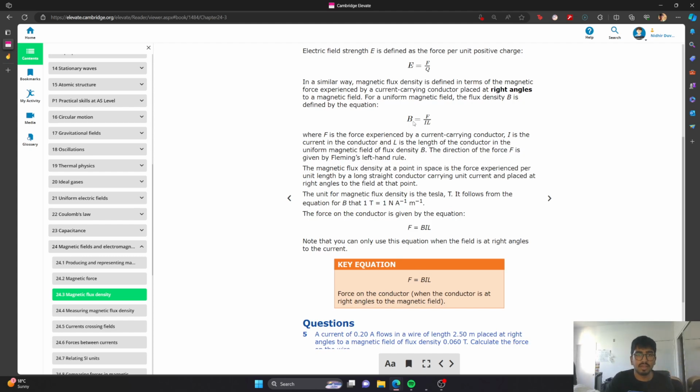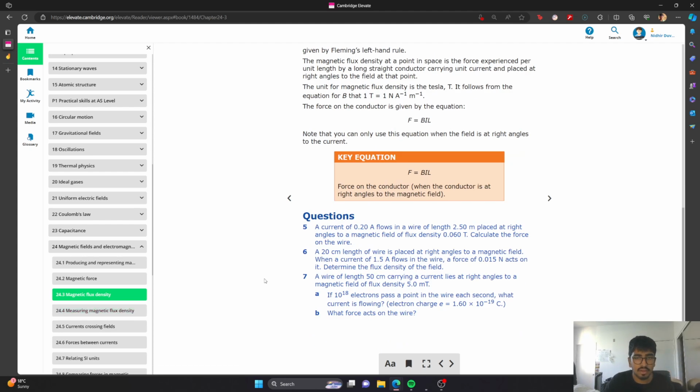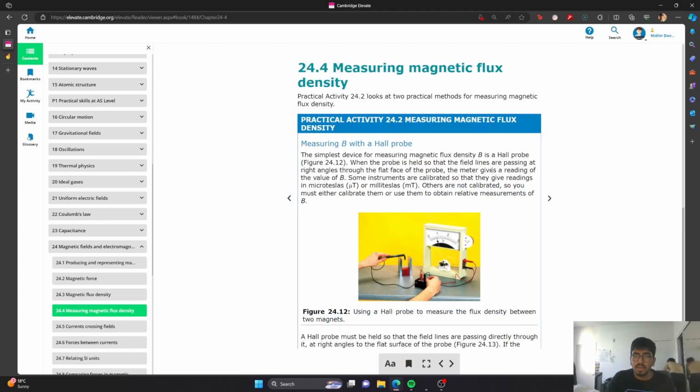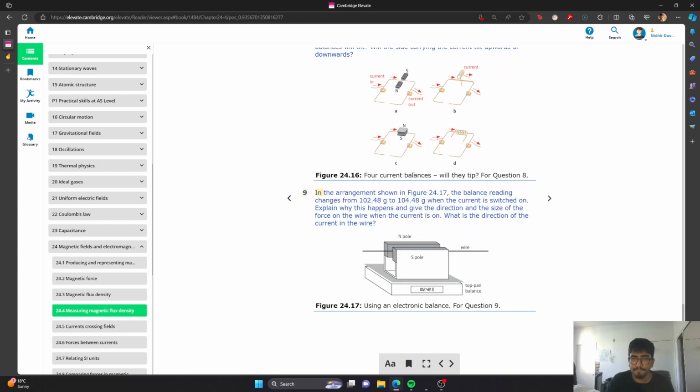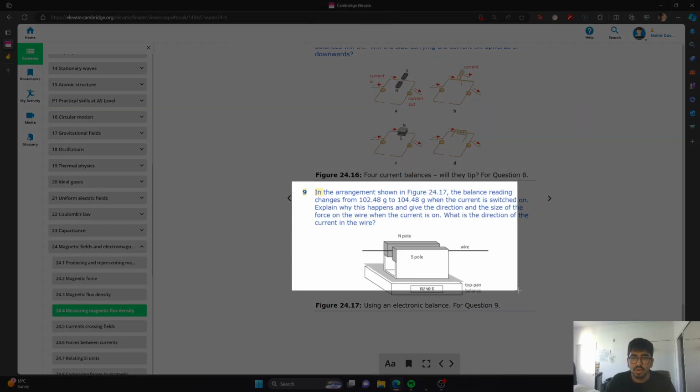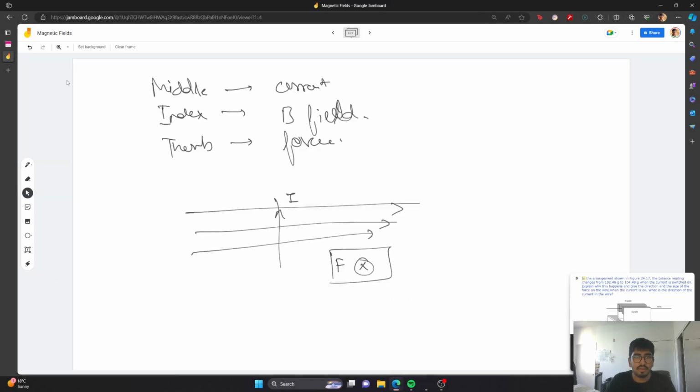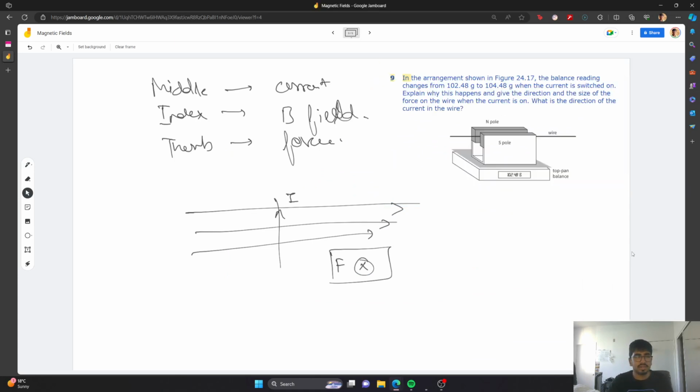This B is called the magnetic flux density. That's fine. So maybe let's try to look at this question. I highly recommend that you look at the questions here because I'm trying to cover things a little bit faster for the sake of time.